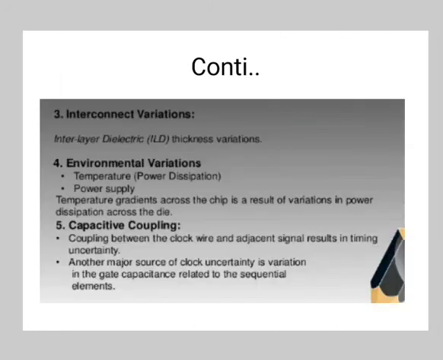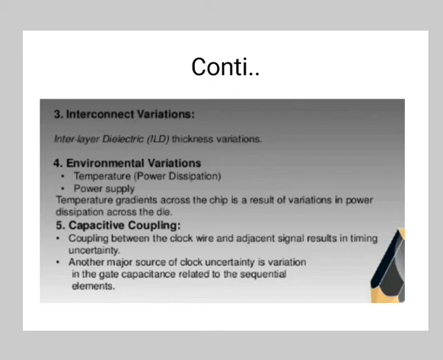Then interconnect variations, that is interlayer dielectric thickness variation. Then environmental variations: temperature, power supply, and temperature gradients across the chip as a result of variation in power dissipation. Then capacitive coupling, the coupling between the clock wire and adjacent signals results in timing uncertainty.